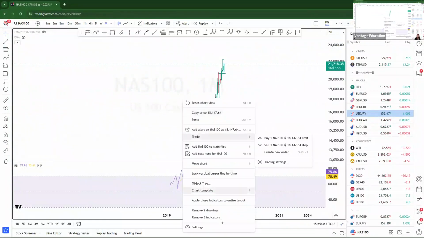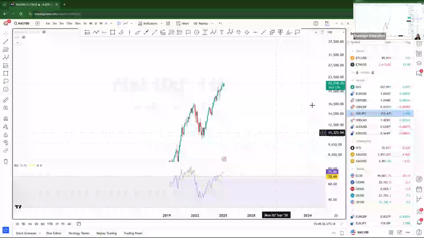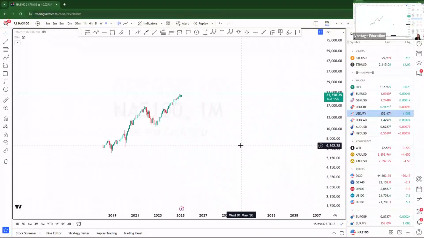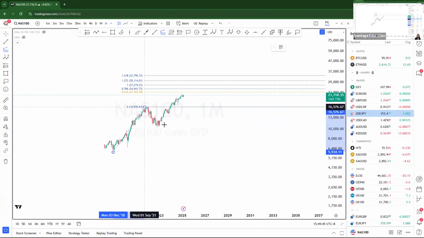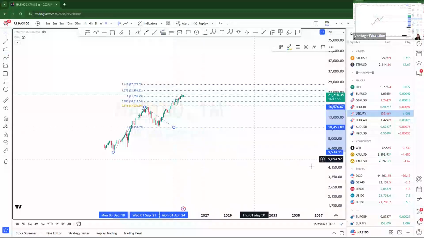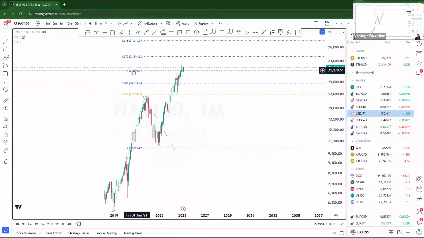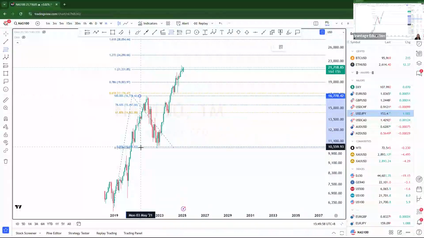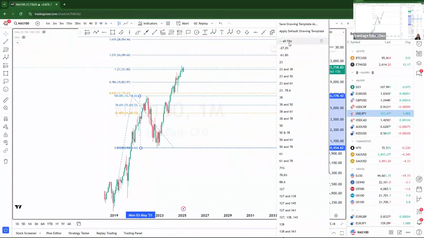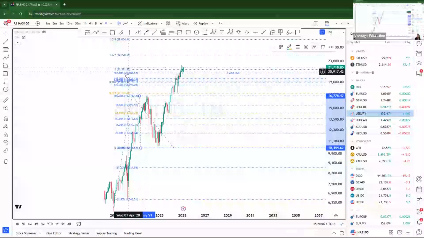Oh, it's an all-time high, is it? Let me look at the bigger picture first. Okay, now what do you see? We need to use the projection. It seems like they broke above the 100% projection, and broke above the extension as well.